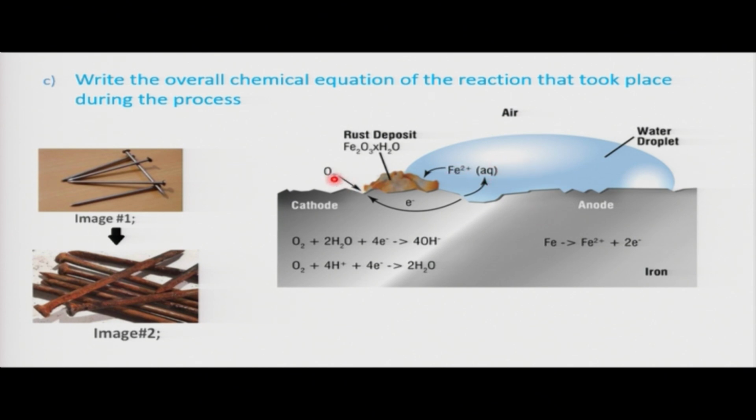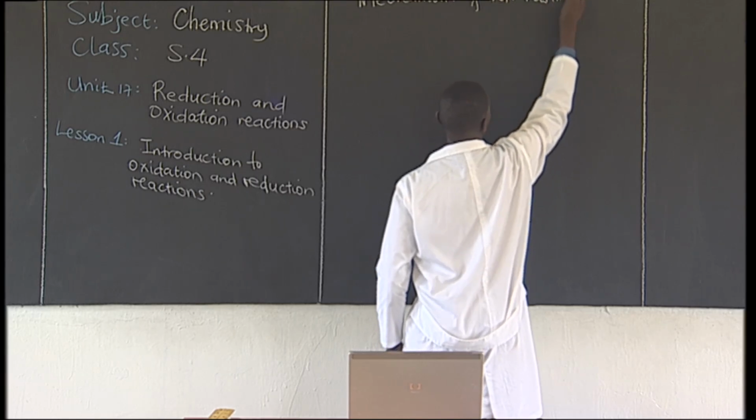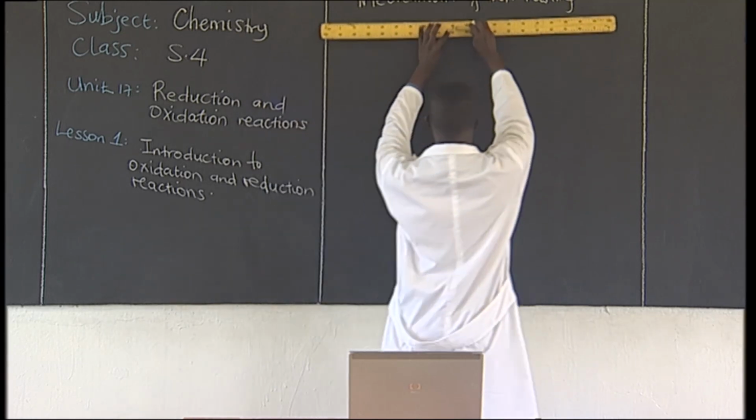The oxygen, the presence of oxygen, which we call the air, takes up the electrons, and they form that rust oxide layer. Now, for us to write the equation, I want us to combine our minds here and illustrate what is happening. I call it the mechanism of iron rusting.